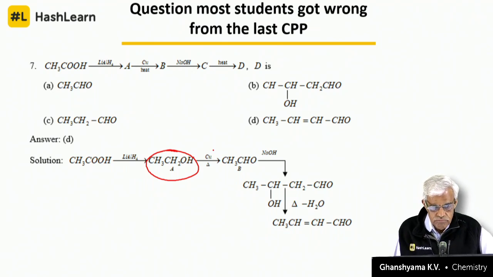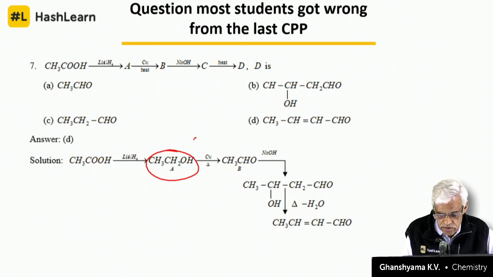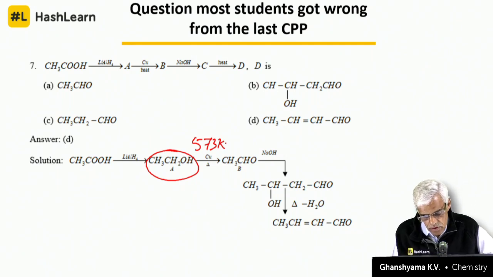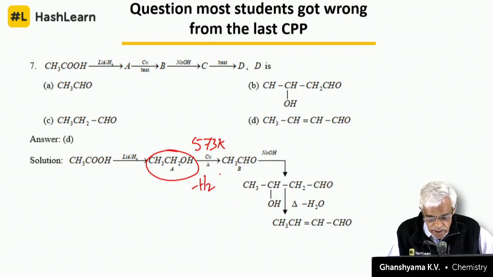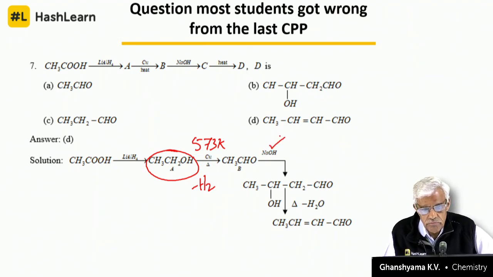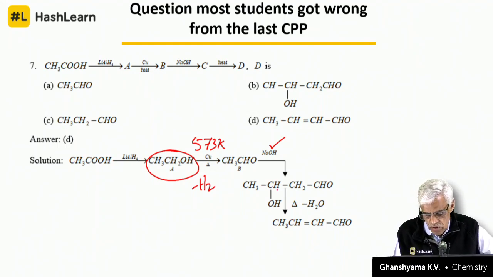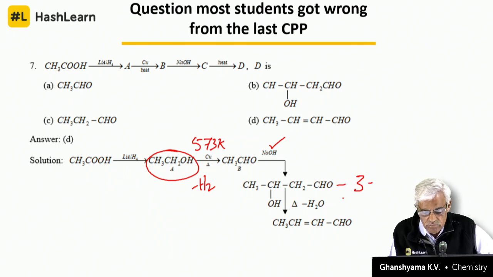If you pass the vapors of the primary alcohol through copper at 573 Kelvin, dehydrogenation takes place, giving ethanal. Ethanal with NaOH undergoes aldol condensation to give CH3CH(OH)CH2CHO, 3-hydroxybutanal.